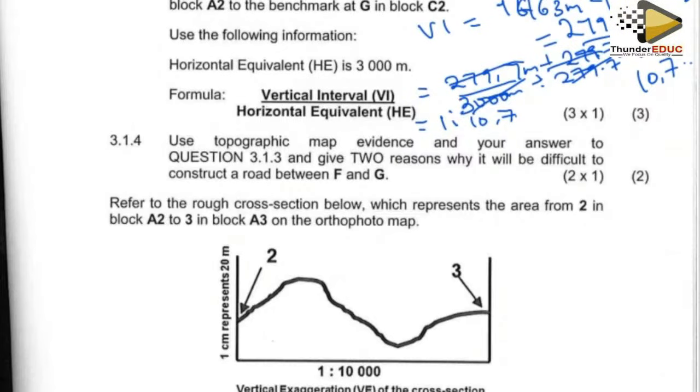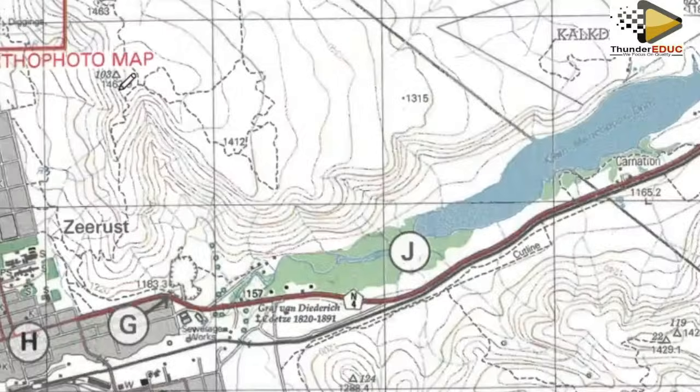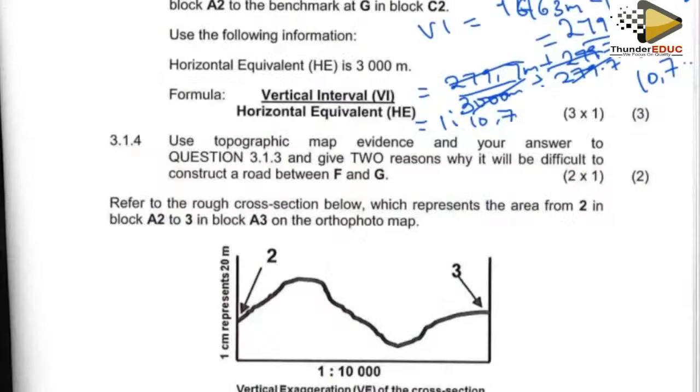So go ahead. Use the topographic map evidence and your answer. That means we need to use the map and the answer so that we can give the reason why it will be difficult to construct a road between F and G. We come here. When you look at F, G is here, okay? And F is here. What do you see? We see contour lines close to each other, which means it's mountainous.